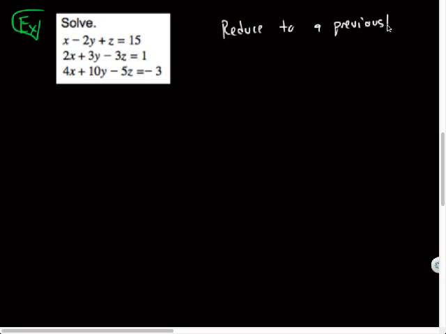Step 1. This is just in general what we're doing. And we actually can use either elimination or substitution. For this one, we'll do substitution. The next one, we'll do elimination. So I'm going to try to eliminate the same variable twice.